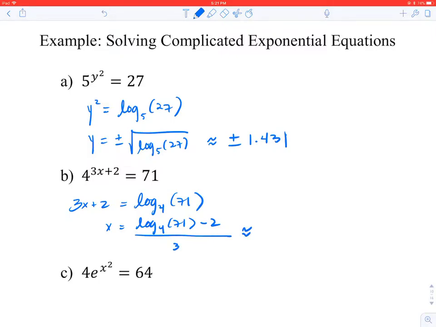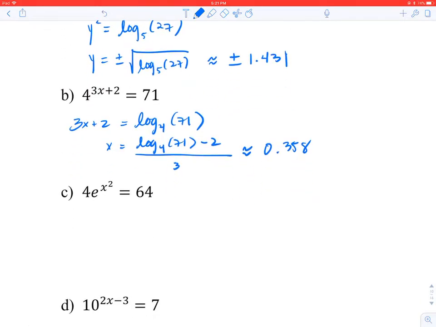So that's the exact value. And then if we type that into our calculator, I get approximately 0.358.